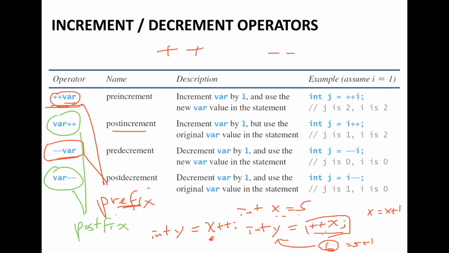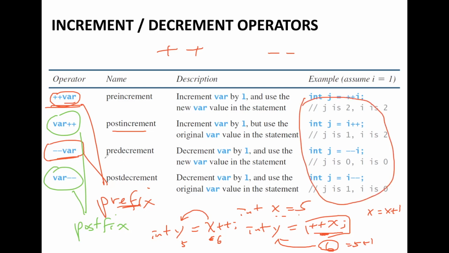The difference between the pre-increment and the post-increment is that in the post-increment, the value is used, meaning it is assigned first, which means x, which is 5, becomes the value of y. And then the increment happens after x is used. This means that after the value is used, the variable is then incremented by 1. So x is 6, y is 5. Whereas in this example, pre-increment, both x and y are 6.